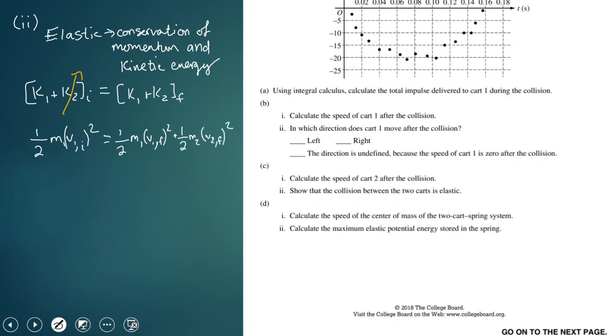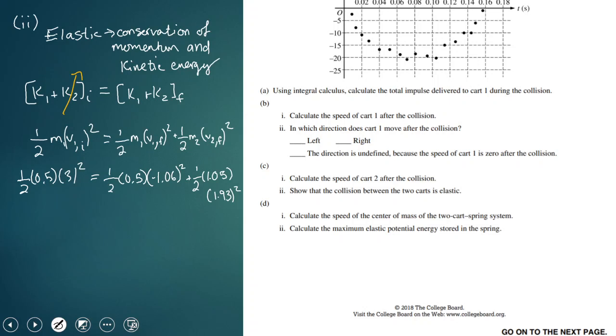And so now that we've gone through part B and C, we have all of the numbers we need to calculate this, which is 1/2 times 0.5 times 3 squared, which is equal to 1/2 times 0.5 times negative 1.06 squared plus 1/2 times 1.05 times 1.93 squared.